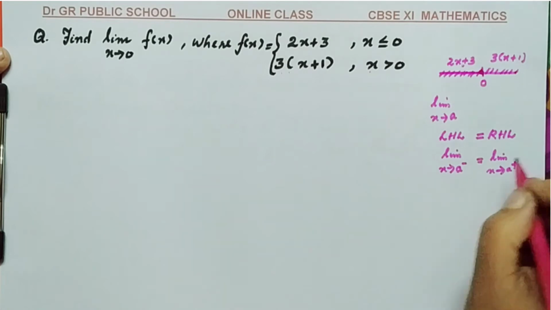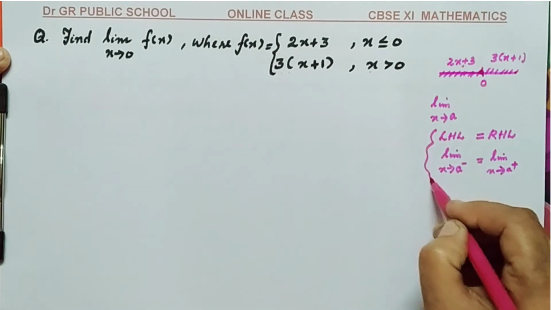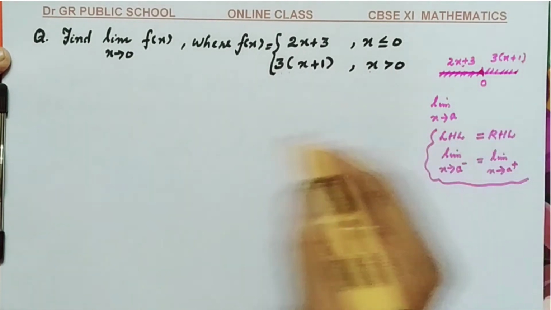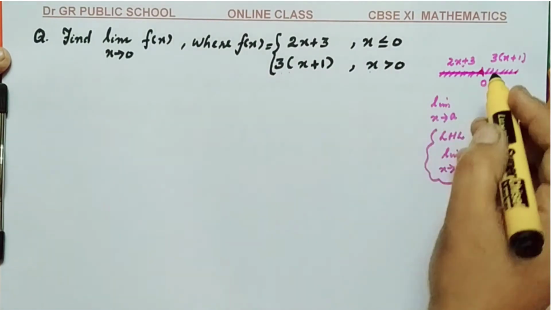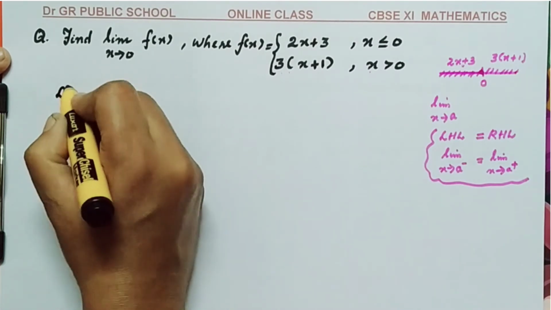If both of them are equal, then only we can say that the limit exists. This we already studied in the last class. In the same way, here I am going to test whether the limit exists and has the same value. At first we can find the left hand limit, LHL.